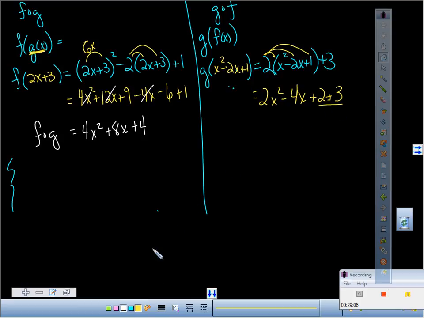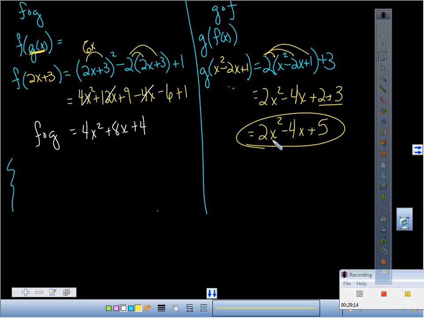And so my answer becomes... What about its domain? What would its domain be? When I say domain, what do you think? Does it have any restrictions? Then what's its domain? Very good. Negative infinity to positive infinity.